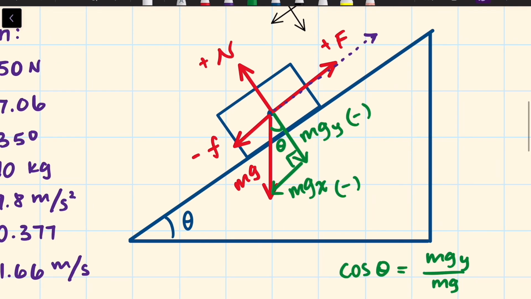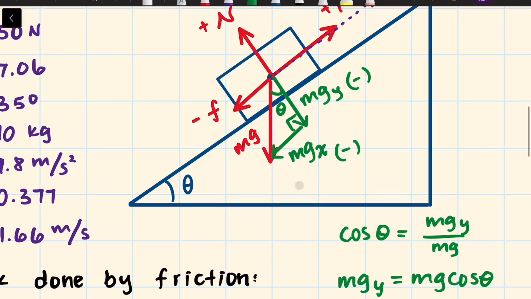Let's think. The component that is affecting the motion, from the y and x directions, is the one along the x. Think about it. If we were to remove this force, this would go down the incline, and the component responsible for making this block slide down the incline would be the one along the x direction.